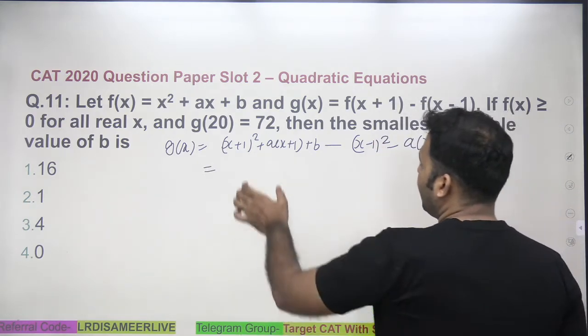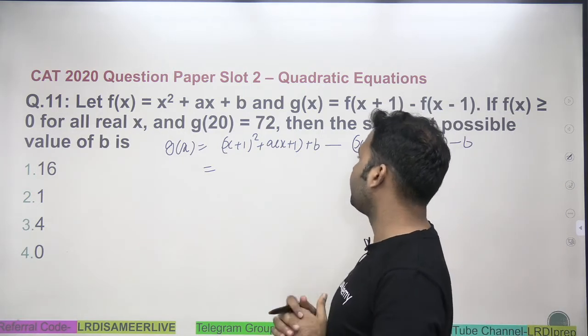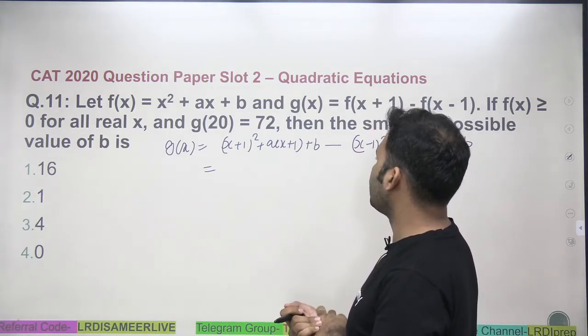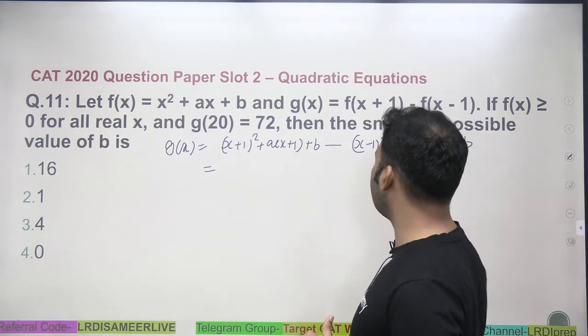We know that x plus 1 whole square minus x minus 1 whole square. Okay. So guys, a square minus b square would be a plus b into a minus b, right?